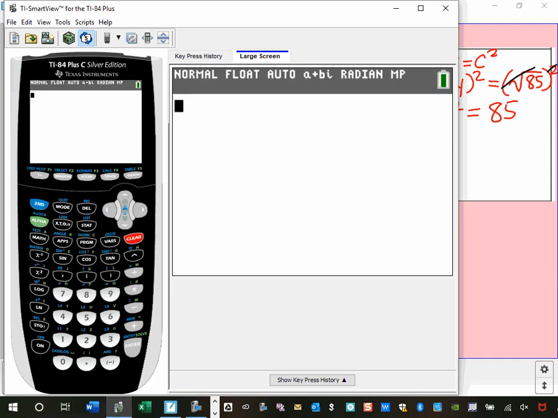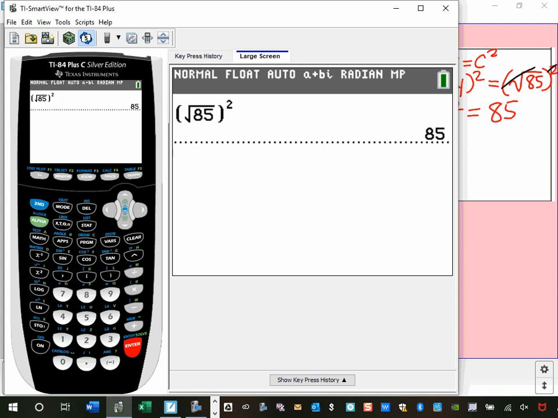So let's take a look at it here. Let's say that you do parentheses square root of 85, you have to scroll over, close your parentheses, and then you square it, and you'll get the correct answer.